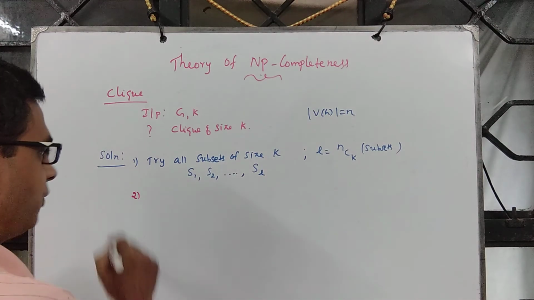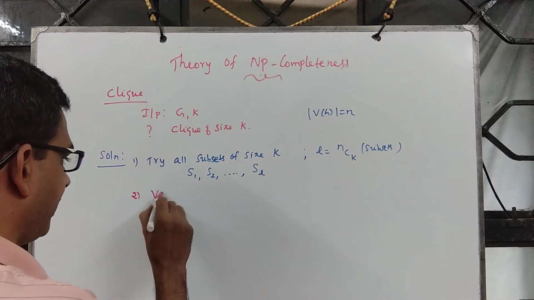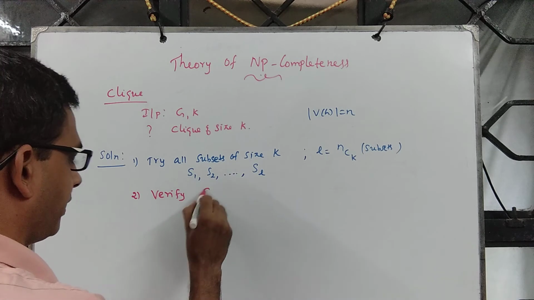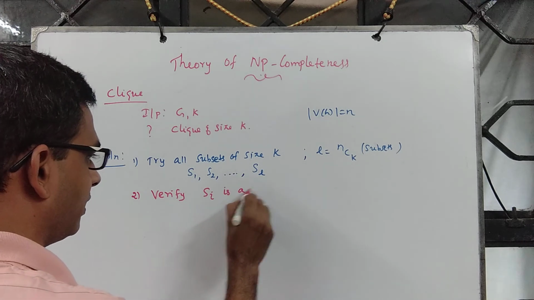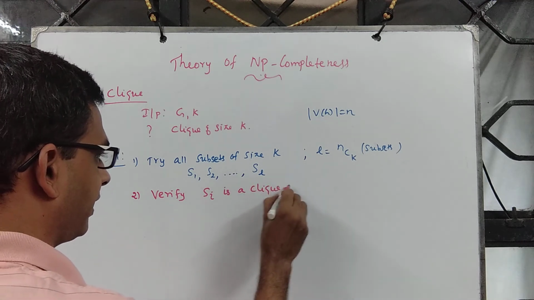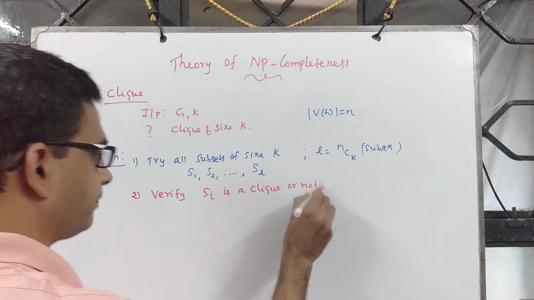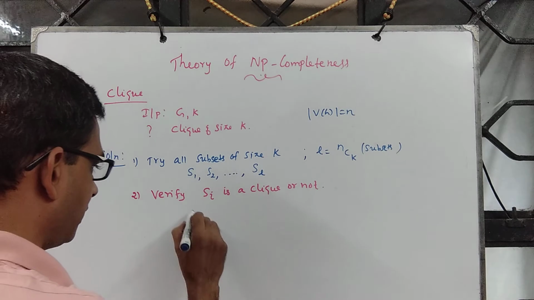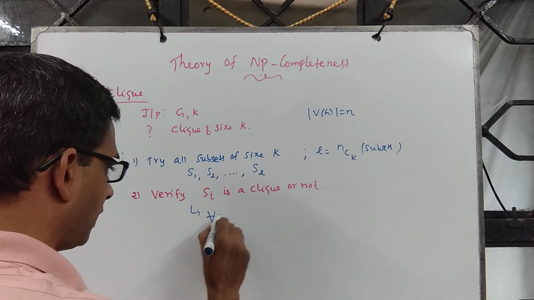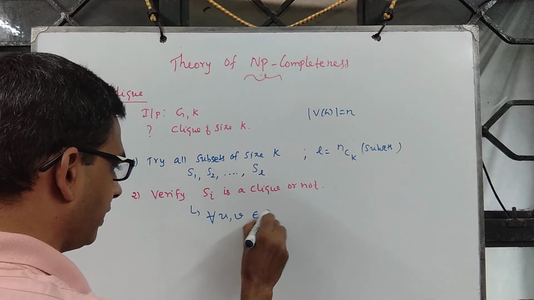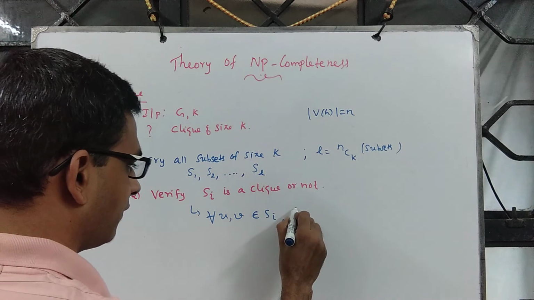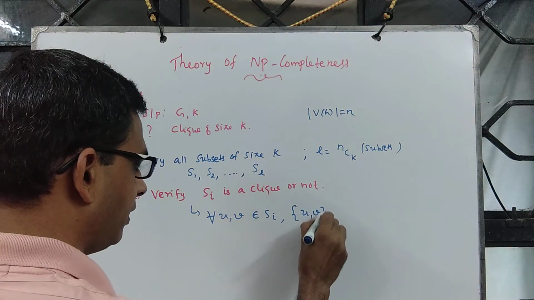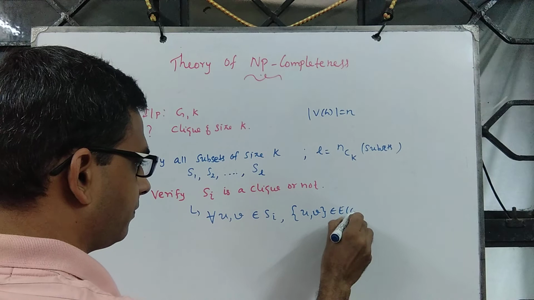And then what you do is verify whether Si is a clique or not. Now how do we verify this? We just have to check for all u, v in Si whether (u, v) is in this.